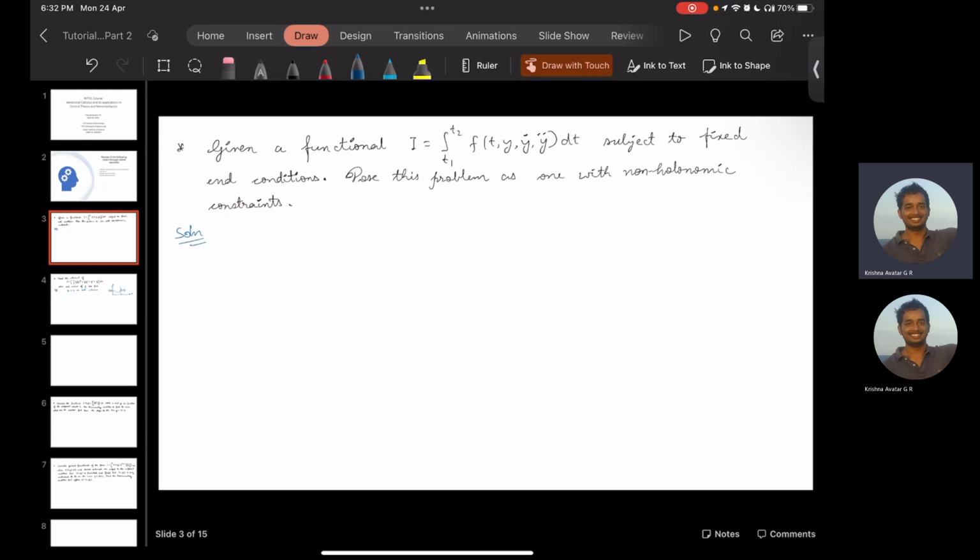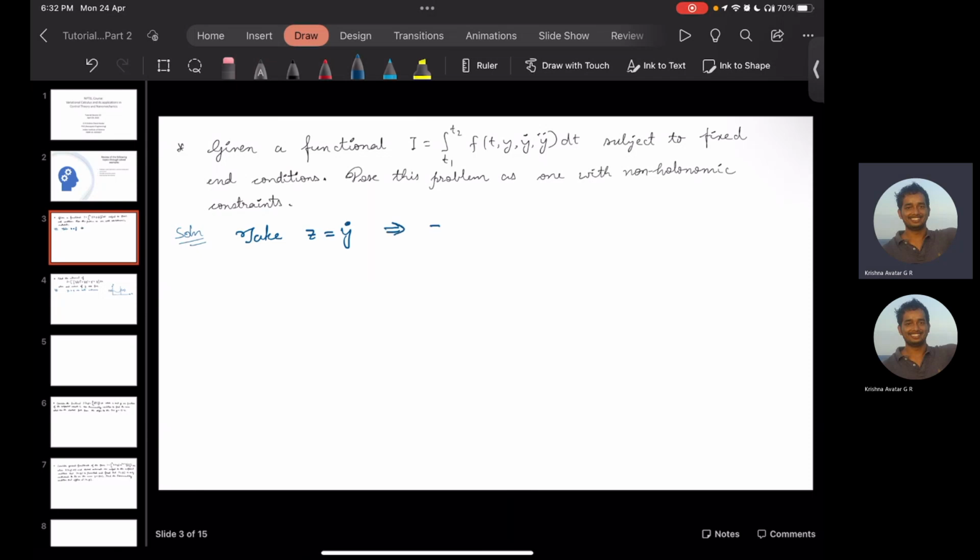Right now the functional doesn't have any constraints, so we'll artificially introduce a constraint. Let's take z equal to y dot.